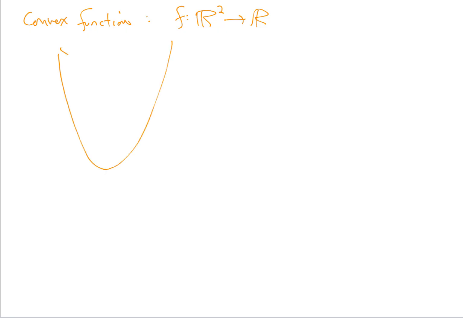We also can do this when we think in higher dimensions. So a convex function, as you would have learned it, say, in Calculus 2, for a function of 2 variables, would be something like a paraboloid.